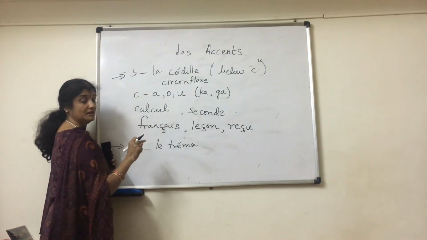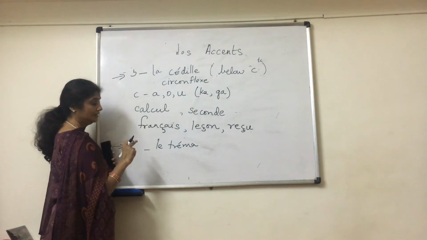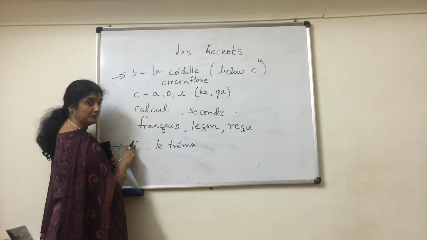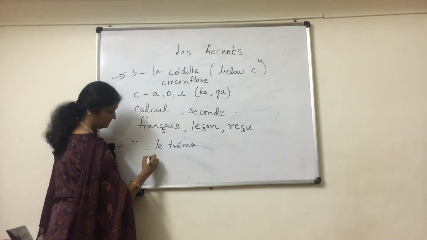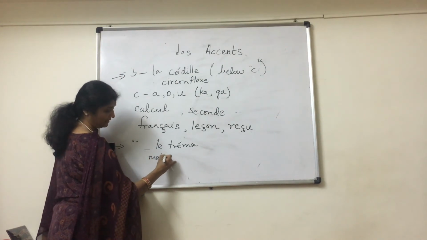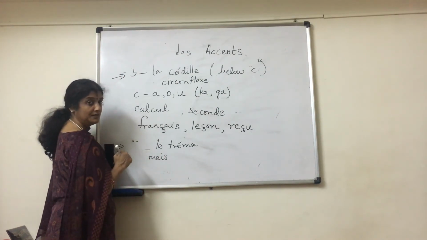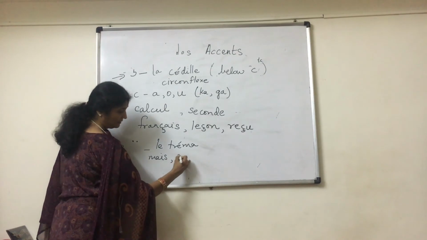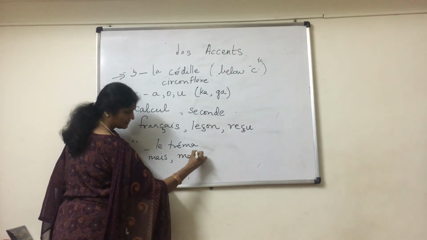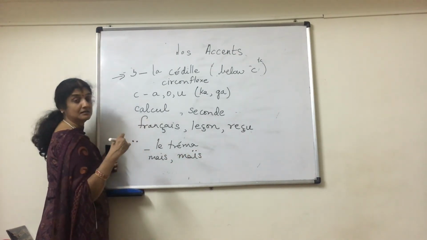But when I want to stress on one vowel more than the other, then I put the tréma on top of that. For example, now this word is mais. Mais, which means but. This word means maize.